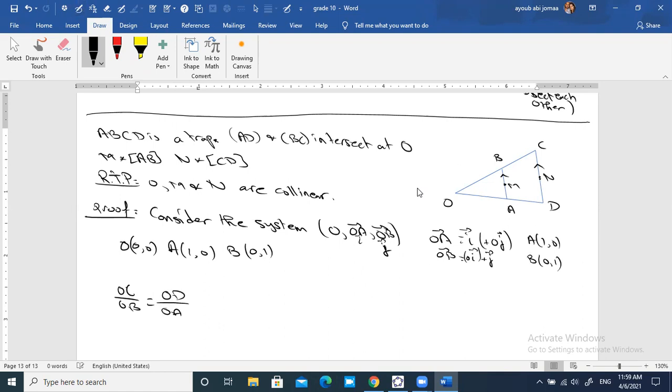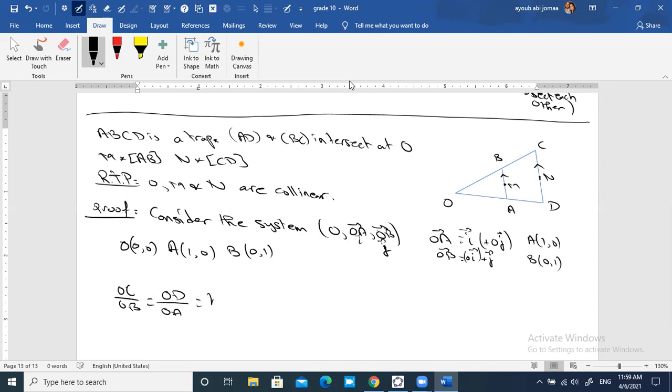Is that true? What you studied in grade 9? Thales theorem. Yes, right. So here OC over OB is equal to OD over OA.